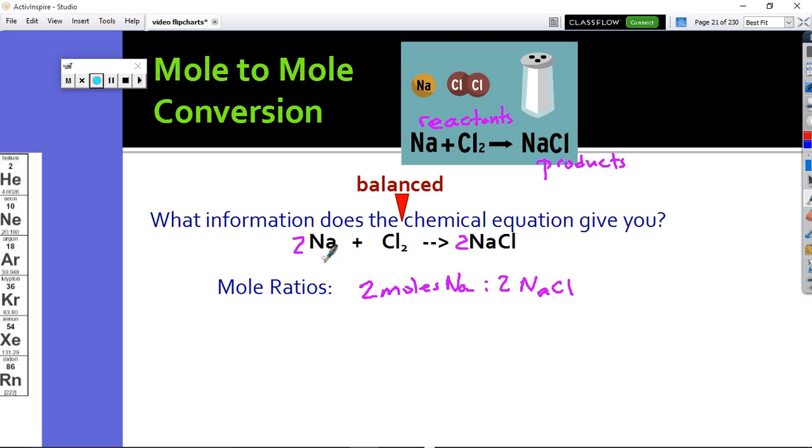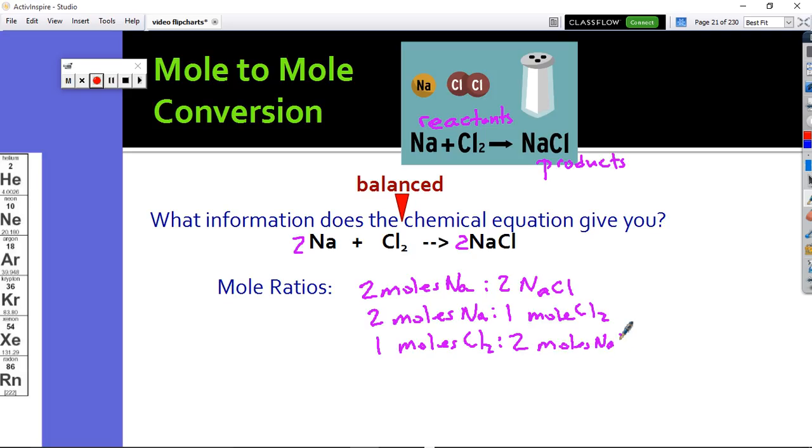Other ratios you could have would be 2 moles of Na will react with 1 mole of Cl2, or 1 mole of Cl2 will react with 2 moles NaCl. And of course, they're just ratios. Maybe you don't have 1 mole and 2 moles. Maybe you have 2 moles of Cl2 and 4 moles of NaCl.